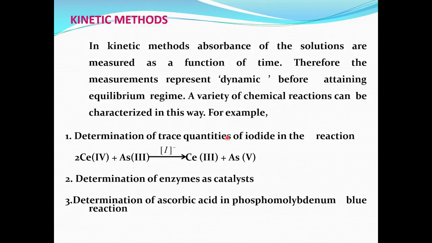So, the advantages of using a photometric titration involve the ppm level. Once again I am reiterating, ppm level analysis, no danger of overshooting, because anyway we are going to overshoot the end point.